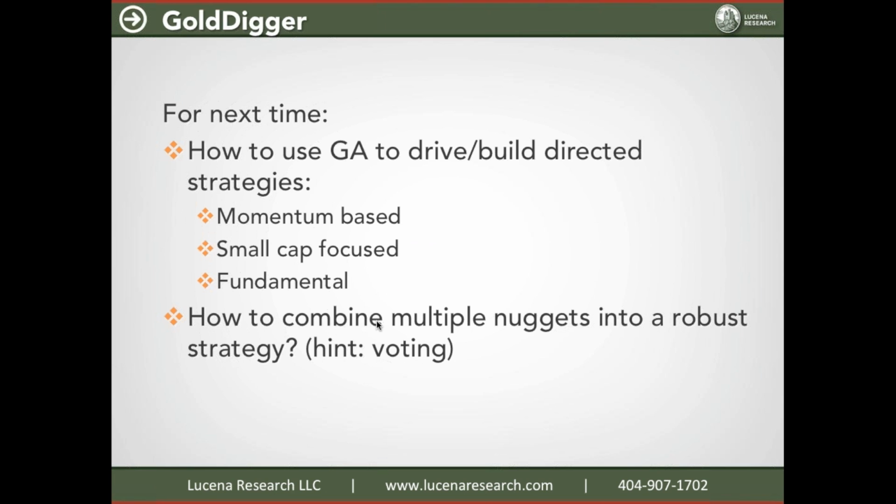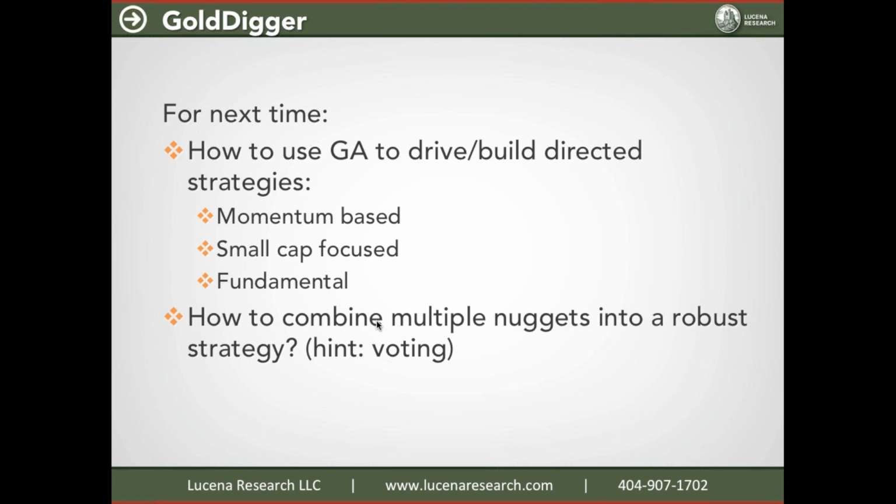For instance, if you've got a preference for momentum-based strategies, we're building a strategy based on hundreds of nuggets that all use some variation of a momentum strategy, and they're combined into a complete strategy. How do we combine them? That's something else we'll talk about next time, and it's a very interesting and challenging problem.